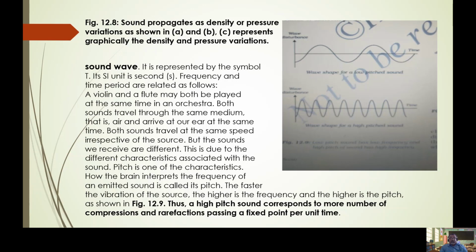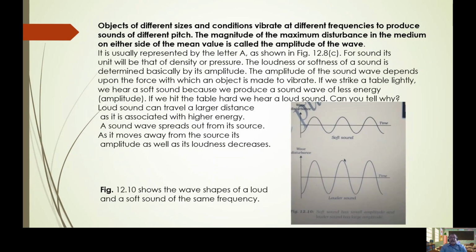Thus, a high-pitched sound corresponds to a greater number of compressions and rarefactions passing through a fixed point per unit time. Objects of different sizes and conditions vibrate at different frequencies to produce sounds of different pitch.